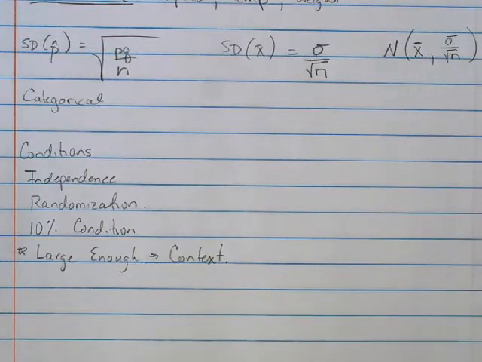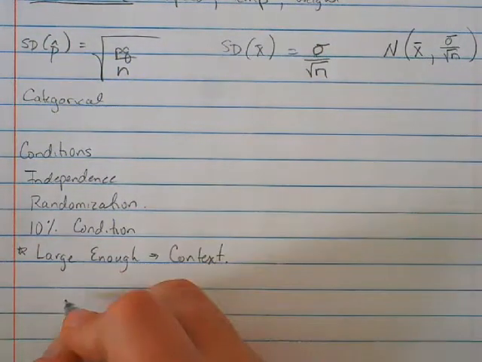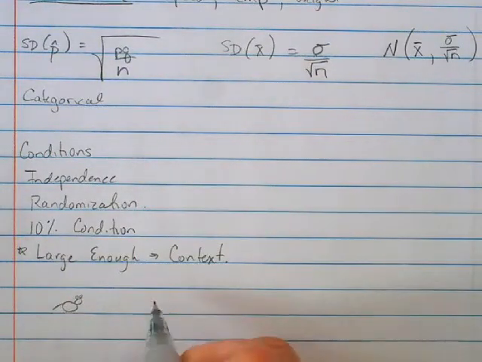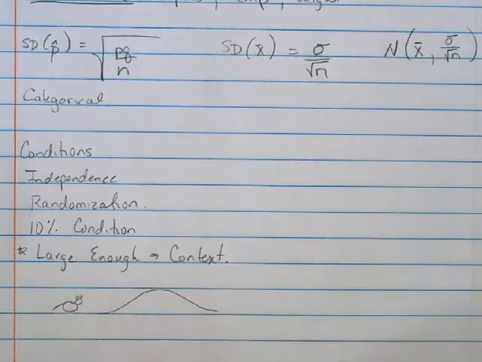For example, let's talk about the lifespan of a mouse. Is the lifespan of a mouse normally distributed, or is it skewed, or what do you think we would have to do? If I have the lifespan of a mouse, let's just draw a little mouse here. I can say that yes, the lifespan of a mouse is pretty darn normal.